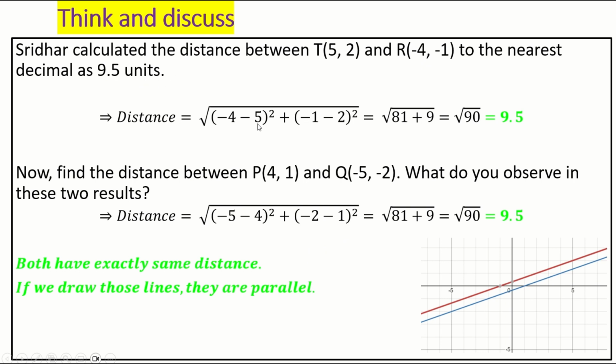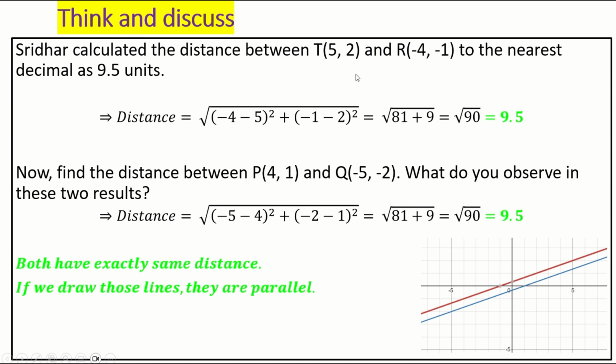Just to cross verify, yes, we did it. (Minus 4 minus 5) whole square plus (minus 1 minus 2) whole square, which is square root of 81 plus 9, which is square root of 90. Nearest value is 9.5. Yes. Now the distance between 4 comma 1 and minus 5 comma 2 is also the same.